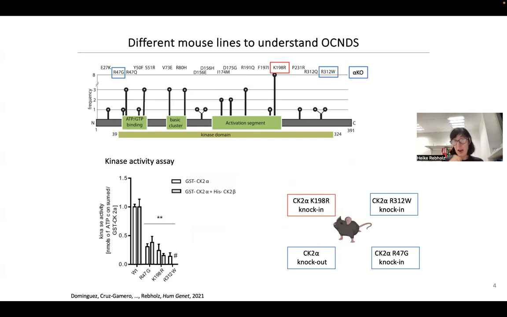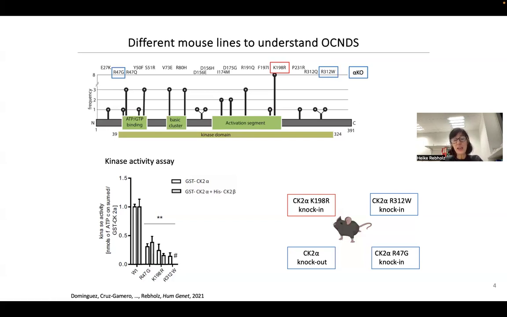And then we have the more rare variants or rare mutations as well. And so we decided already a few years ago that we have to start with the most prevalent mutation, the K198R mutation, but that we would also want to study other mutations because we wanted to see, over the whole length of the protein, what do different mutations engender?